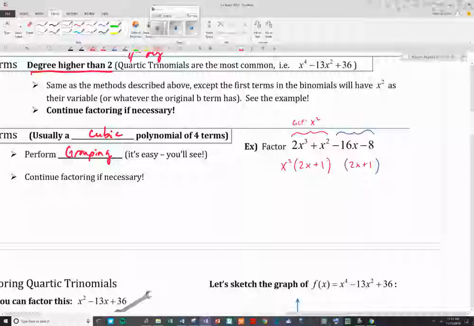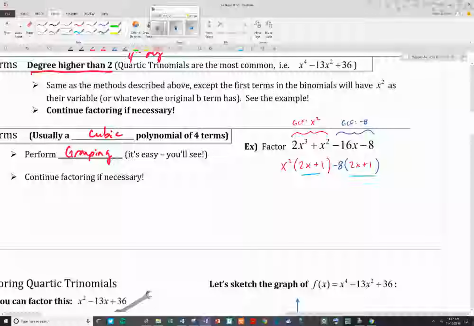So if you notice here, I can pull a negative 8, sorry, not a negative 2, a negative 8 out of that second group. And if I pull that out of that second group, I'm left with the same binomial here and here.